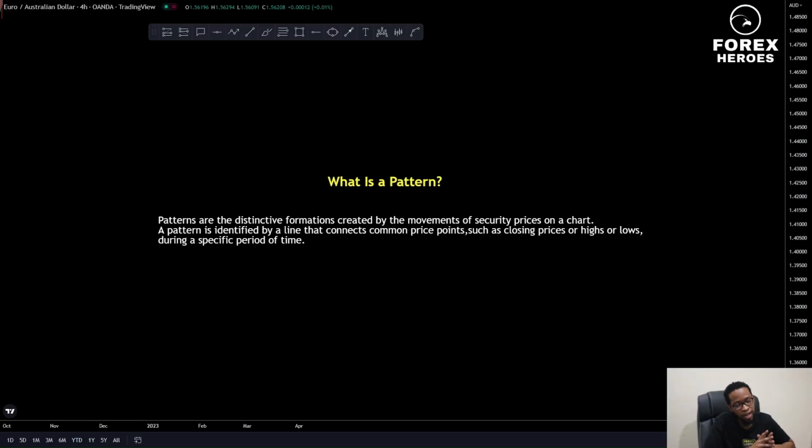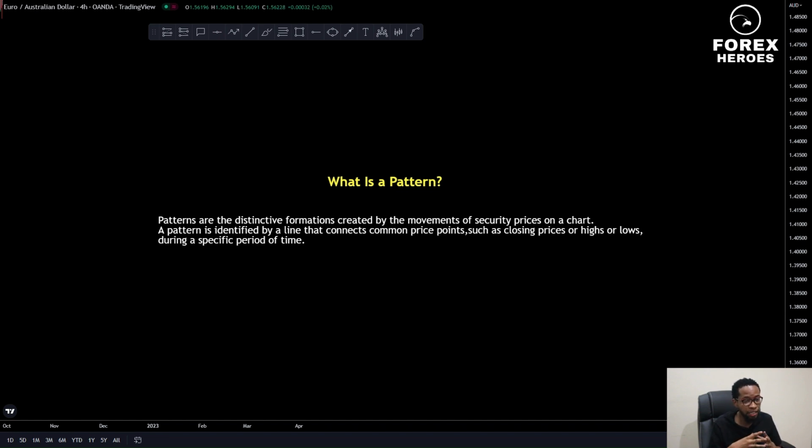Firstly, guys, let's start with understanding what a pattern is. Patterns are the distinctive formation created by the movement of security prices on a chart, which is why it's called a chart pattern. A pattern is identified by a line that connects common price points, such as closing prices, highs or lows.